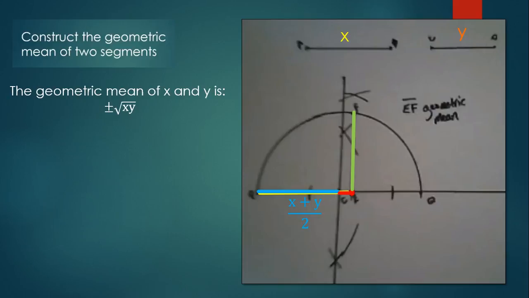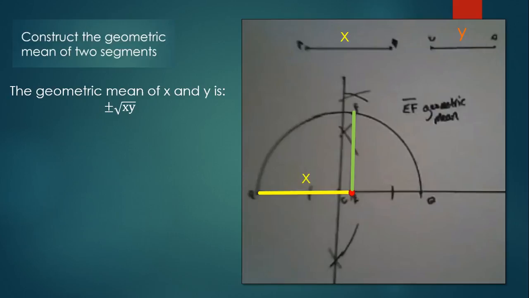Now, this is a little bit tricky to see. What you have to keep in mind is that that little red line segment is the length from point C to the end point of that yellow line segment, which has a length of x. So how can we figure out that length?